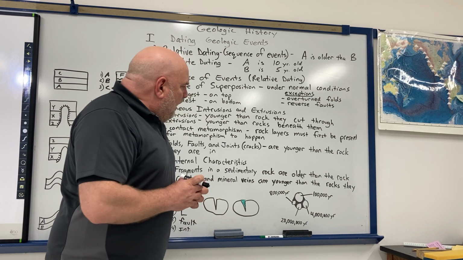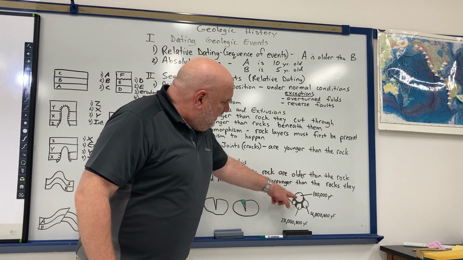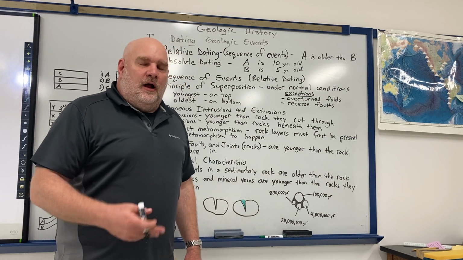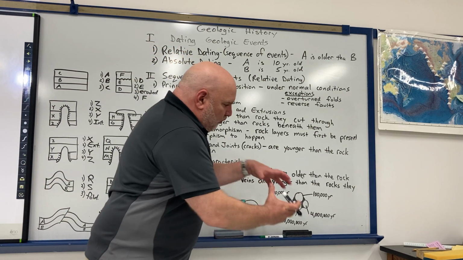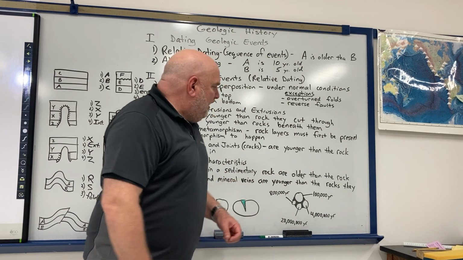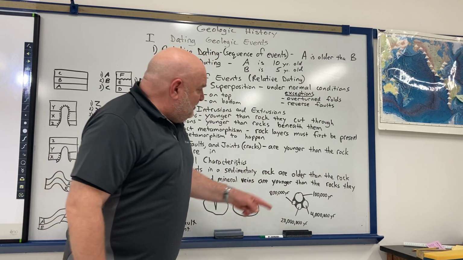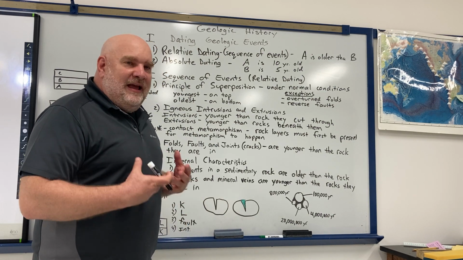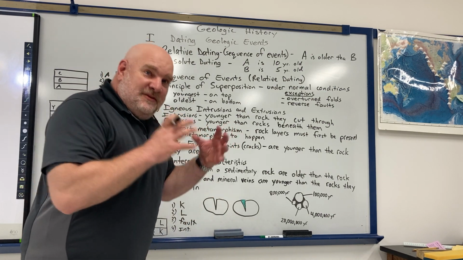The youngest particle there is 100,000 years old. So if I had to estimate the age of the rock as a whole, it would have to be some date that is younger than 100,000 years old, because again, the rocks have to exist to be cemented together.